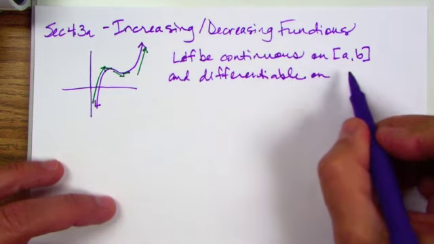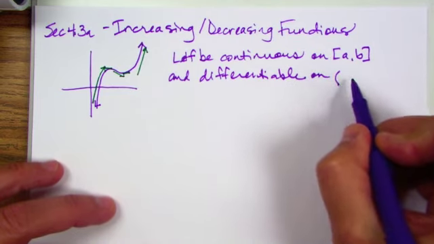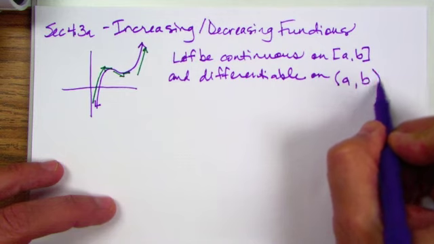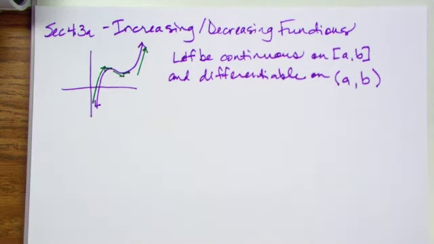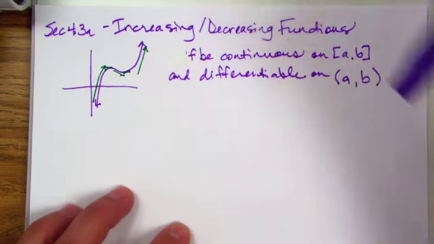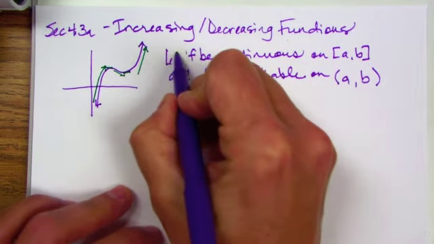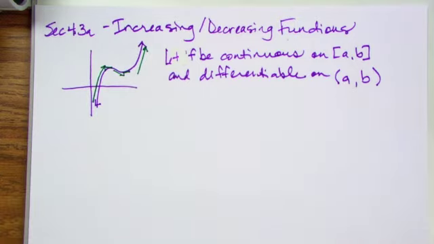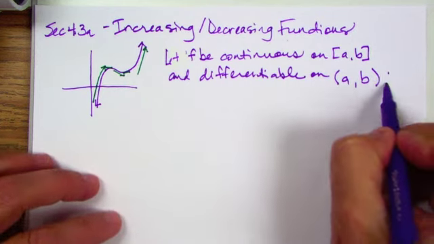On the open interval AB, right? Because we don't talk about a function being differentiable at its endpoints. So let me fix that. Let F be continuous on the closed interval AB and differentiable on the open interval AB.